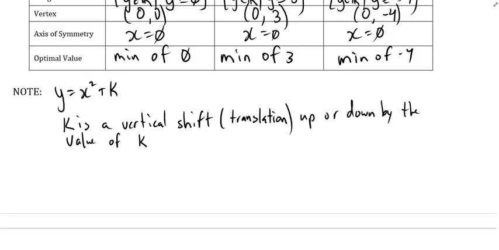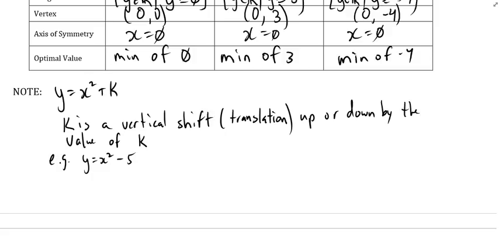Okay, and then let's look at an example. So if I have y equals x squared minus 5, in all of the practice over the next few days, and then again, this gets revisited in grade 11 and grade 12, we describe the transformations.